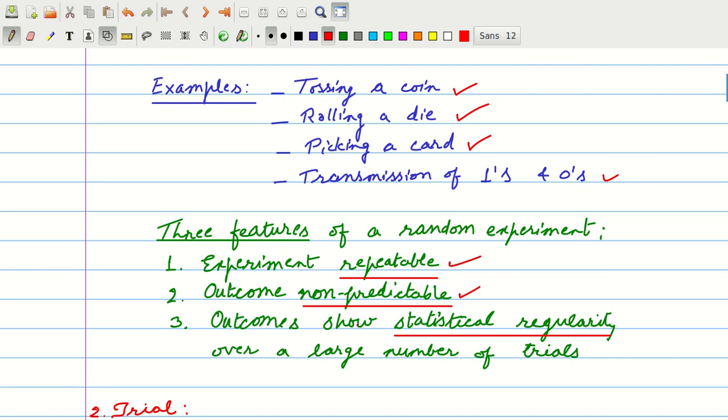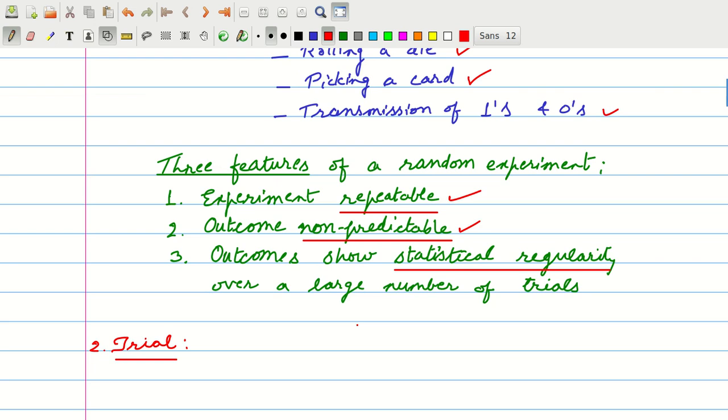And if the coin is tossed a large number of times, on an average the number of times heads will show up is approximately half of the total number of trials. So, some sort of regularity is there, statistical regularity is there. So, tossing a coin, for instance, follows all the three features, and therefore it qualifies to be called a random experiment.